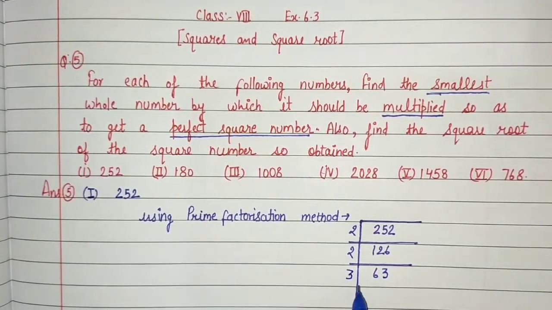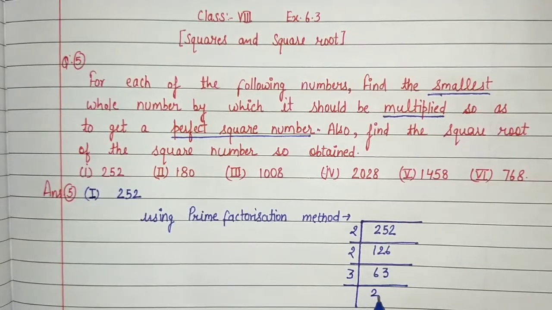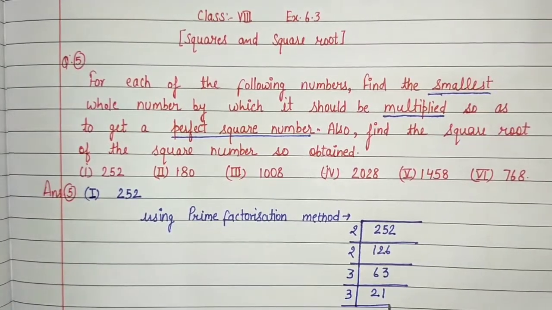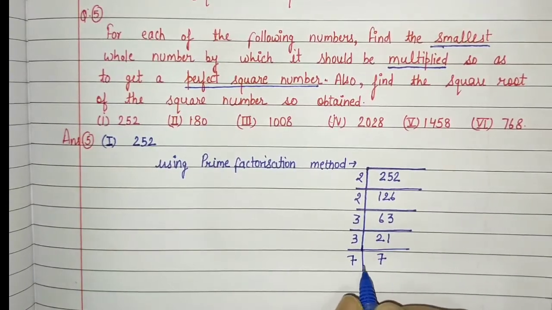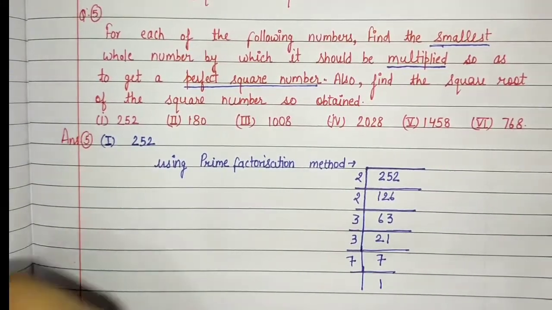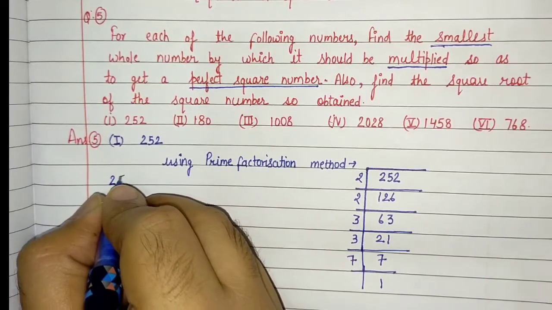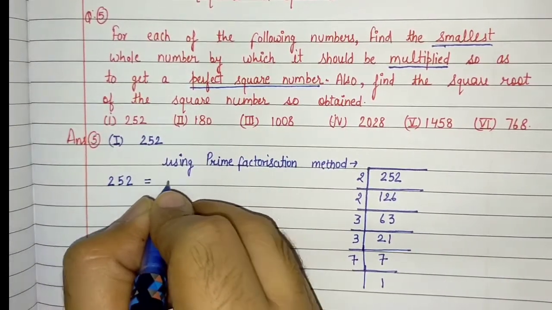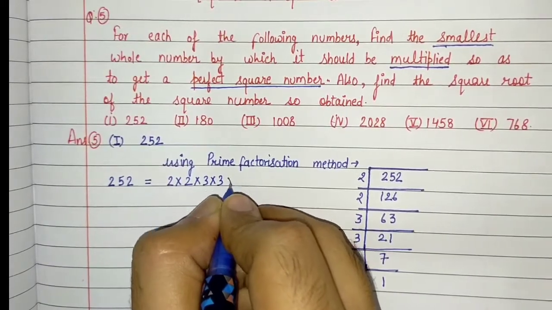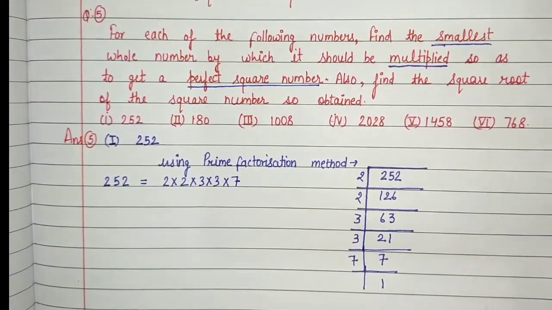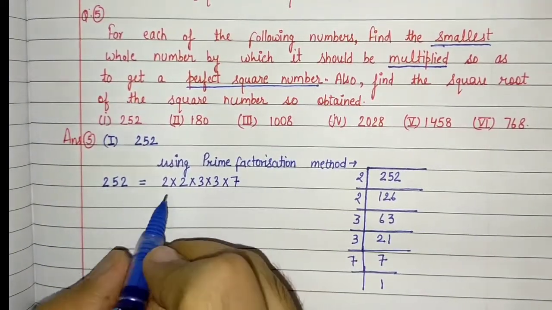Now divide by 3, 21. After that divide by 3, 7. At last 1. So here you can mention 252 is equal to 2 into 2 into 3 into 3 into 7. After that you have to do the pairing of the same numbers.